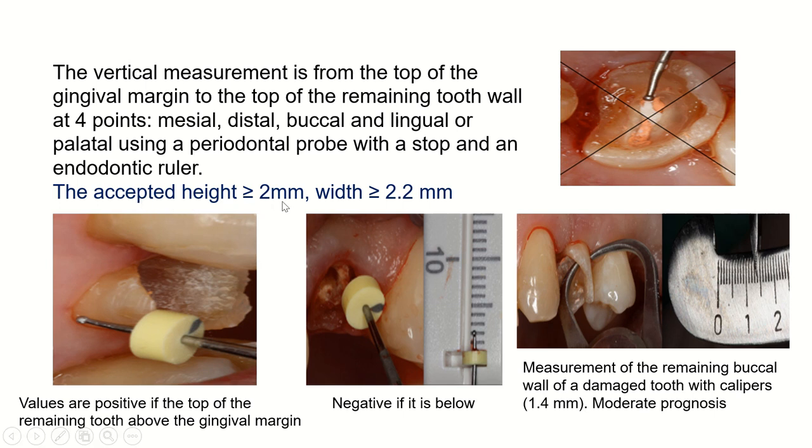Usually the accepted height اللي نعتمده هو اللي هو يكون more than 2 mm from the gingival margin, while the accepted width must be more than 2.2 mm. إذا كان the wall extended away from the gingival margin نعتبره بالحالة positive. إذا كان below the gingival margin or even with بالحالة راح يكون negative with moderate to poor prognosis.